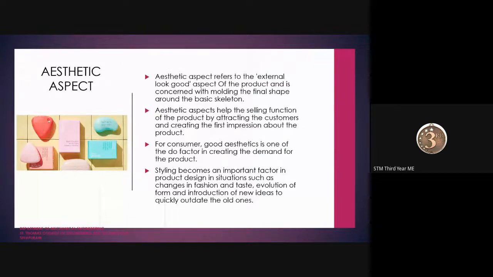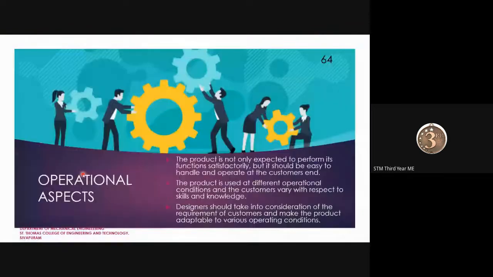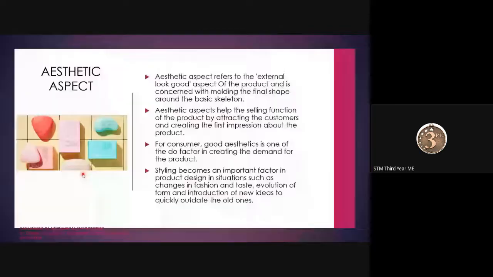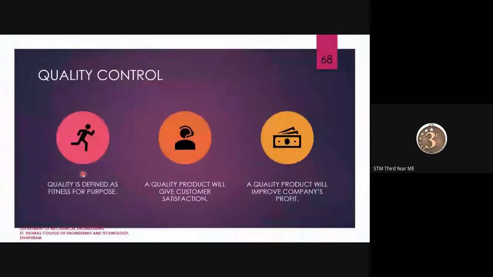Those with particular shapes or attractive colors will attract a person, and he or she might buy that. That is how we ensure that productivity is increased. So the aesthetic aspect controls productivity and profit generation, and it is also a factor that attracts the consumer. So that comes under the aesthetic aspect.